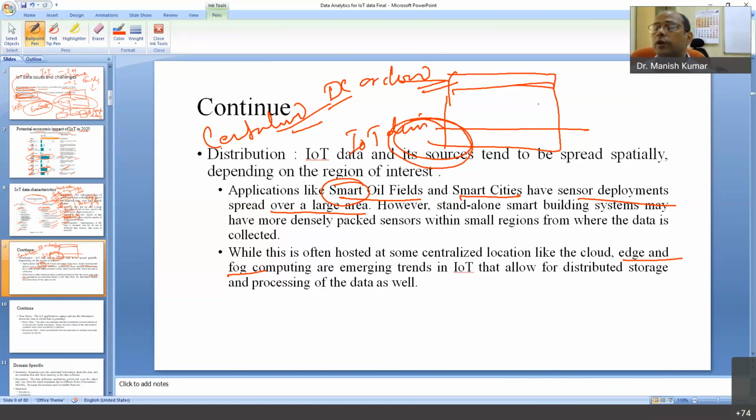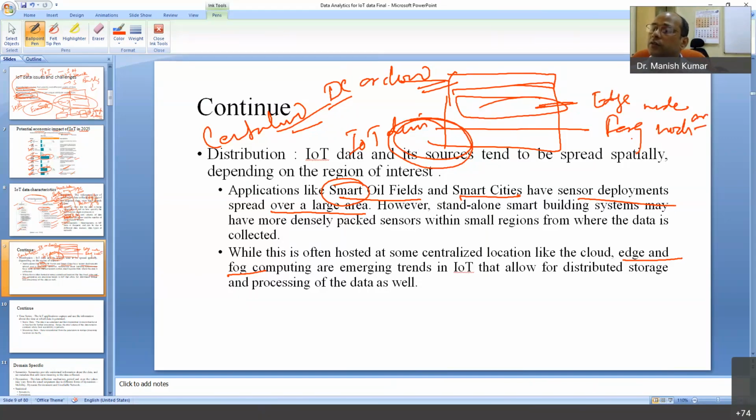Now, what we are trying to do is some analysis, some pre-processing or some filtering. For that purpose, we introduce some nodes which are referred to as edge node or fog node.